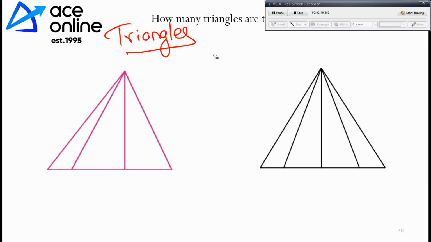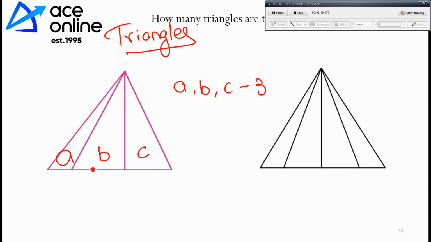Now what you can do, you can count like this: let's give this as A, this is B, this is C. First one A, second one B, third one C. I'm giving labels like that. So individually, single triangles A, B, C, 3 are available. Then you can try combinations. A and B combined is also one triangle.